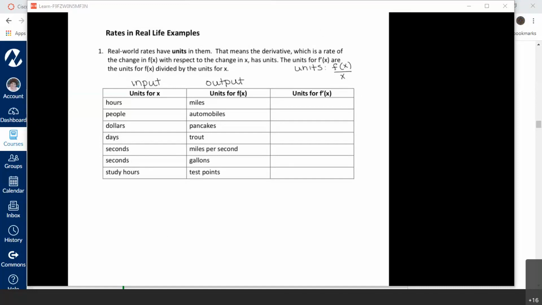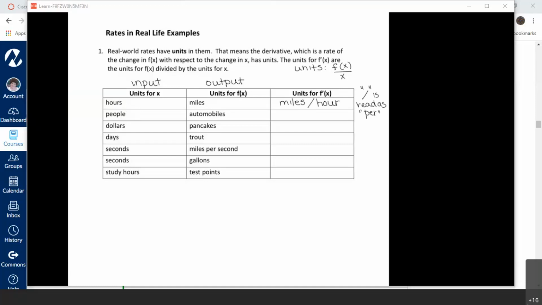So I'll do the first one here. The units of my rate, my derivative, if my x units are hours and my f of x units are miles, is miles per hour. And again, the divide sign is read as per.